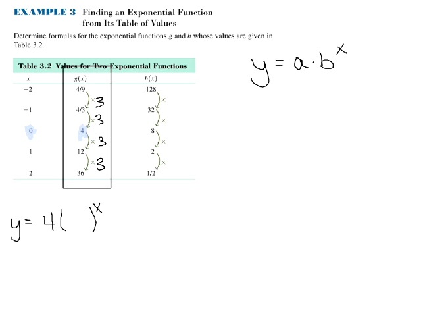So we're multiplying by 3 each time. So 3 is going to be our base. Now we keep our exponent as just the x there, because technically we should be able to substitute in those values of -2, -1, 0, 1, and 2 into this equation now and get those corresponding y values.